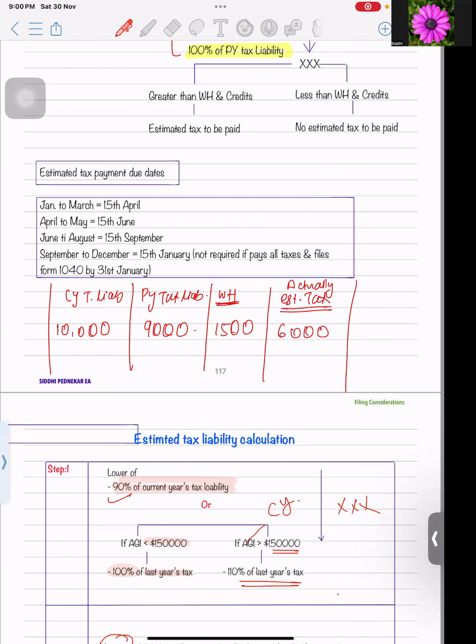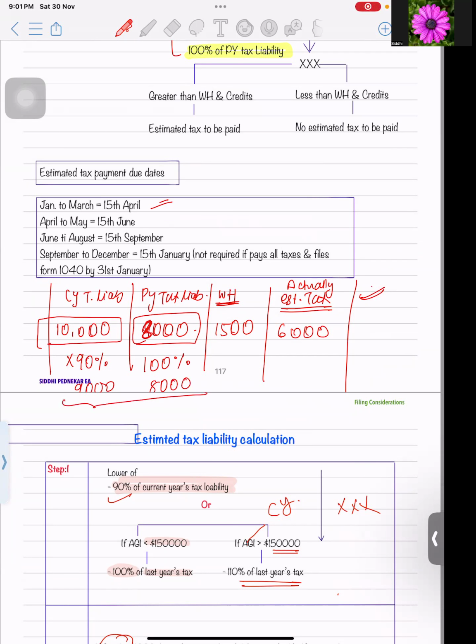Now you have to figure out whether he will be liable for paying extra taxes or not before 15th April, right? How you're going to calculate is, take the current year tax liability, multiply it by 90%, or previous year tax liability multiply by 100%. So here it is 9,000, or 9,000 is the same. Let's take this as 8,000.